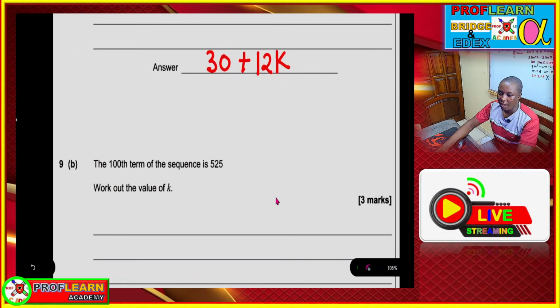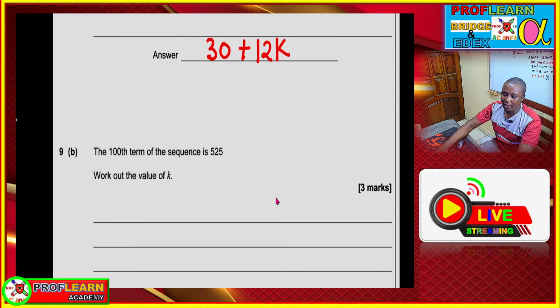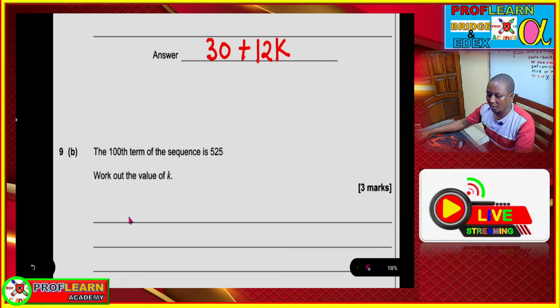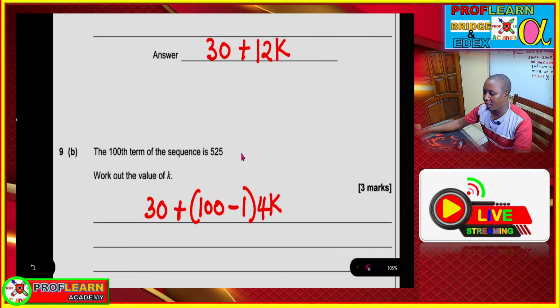In that case, the 100th term of this is 225. So we are going to say 30 plus, that is the first term, into 100 minus 1 into 4k. So this is the formula for the nth term.